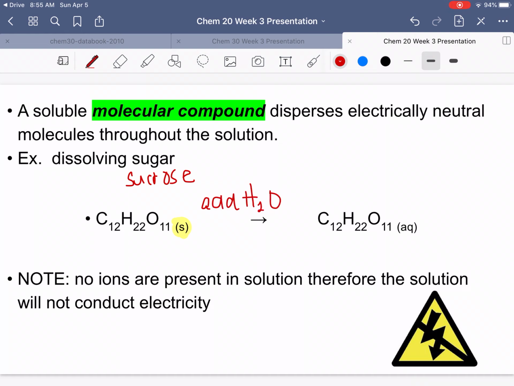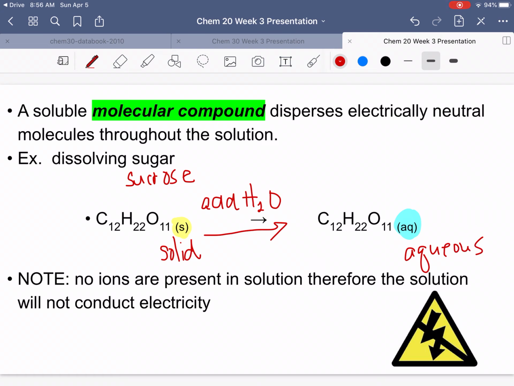And when water gets added, we end up with no longer a solid sucrose, but, and this is important, take note of it, an aqueous solution. So please be aware of our different states of matter as dissolving happens with a molecular compound. It starts as a solid, add some water, ends up as an aqueous solution.